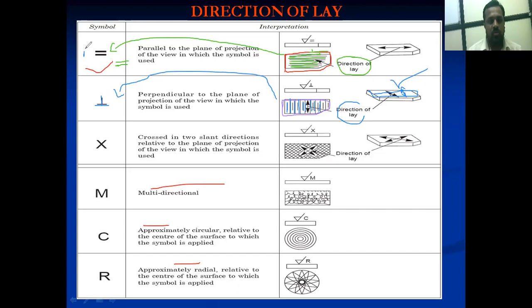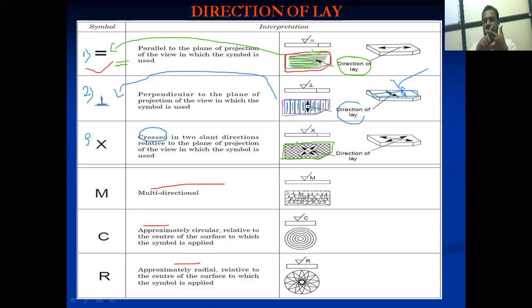Now see the next type of direction of lay, the crossed direction of lay. Again in a similar manner, this is the component, or we can say this is the surface, and on that surface these are the irregularities. How are those irregularities on that surface?